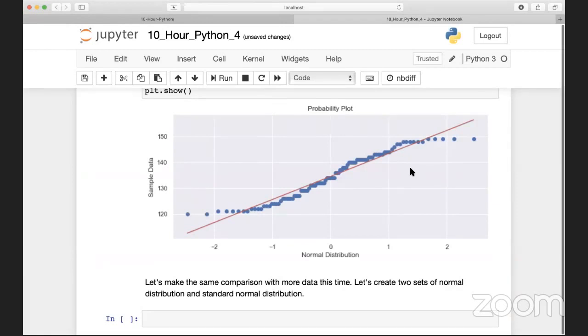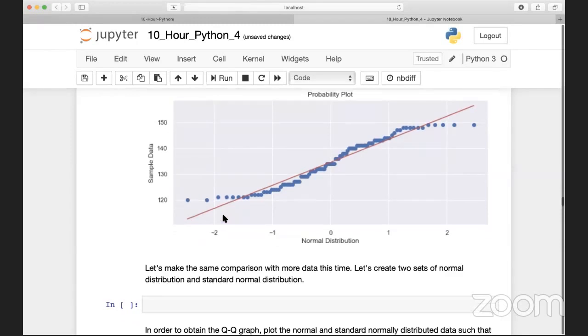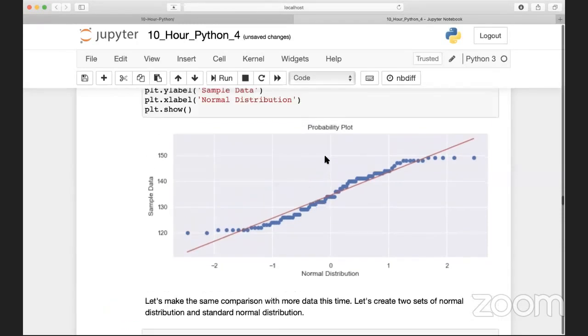I know that, but right after this example, I will show you what normally distributed data looks like when you draw the QQ plot. It exactly follows the 45-degree line, and that's why this deviation means that the sample data doesn't follow normal distribution. It's the result that we can generate using this QQ plot.